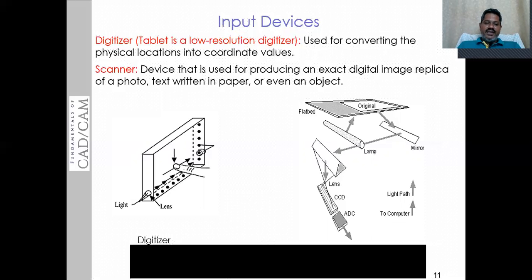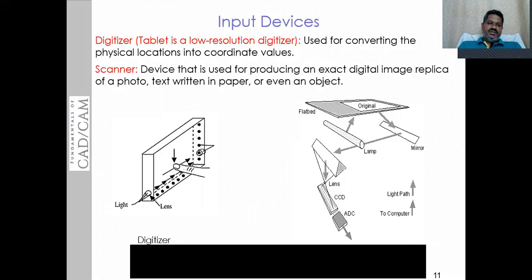When we move that device on the drawing sheet, those coordinates are plotted on the digitizer. In turn, the digitizer converts the physical locations into readable coordinates on the screen. The basic working principle of the digitizer is to convert the physical locations into coordinate values in the system.